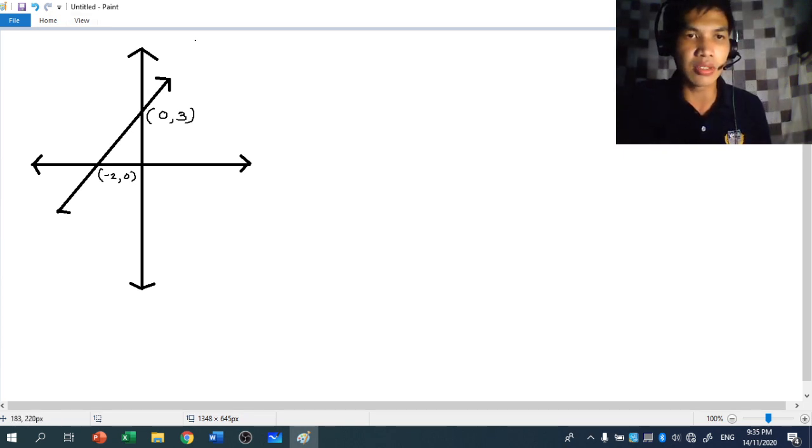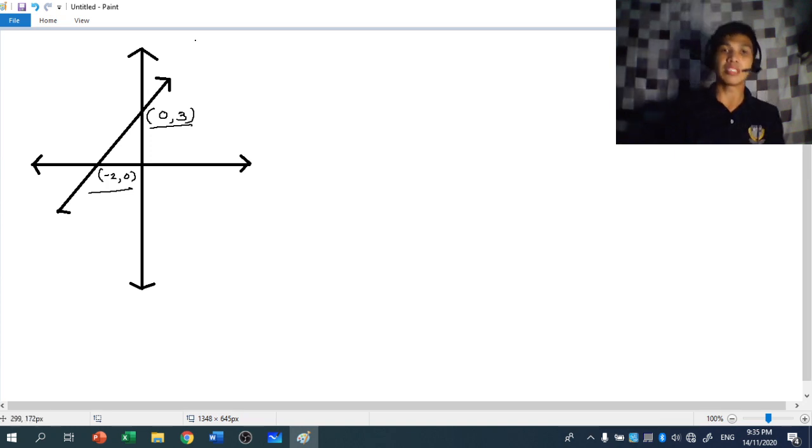Yan at itong line na ito ay bumangga dito sa y axis natin dito sa (0, 3) at dun sa isa naman is (-2, 0). So, kapag po ganyan ang given at ang una niyong hahanapin ay itong dalawang ordered pair na 'to. Yan, si y intercept na itong point na ito at saka itong point na 'to.